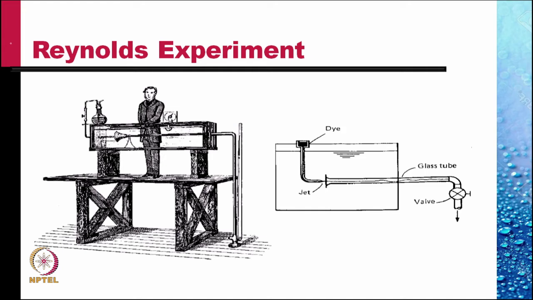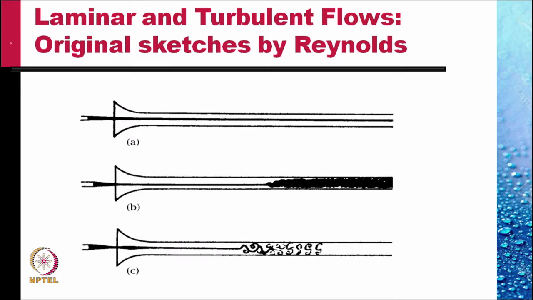To study the behavior of the fluid, Reynolds injected a dye at the center of the tube. The dye came on as a streak and he studied how that streak behaved as the time passed on.